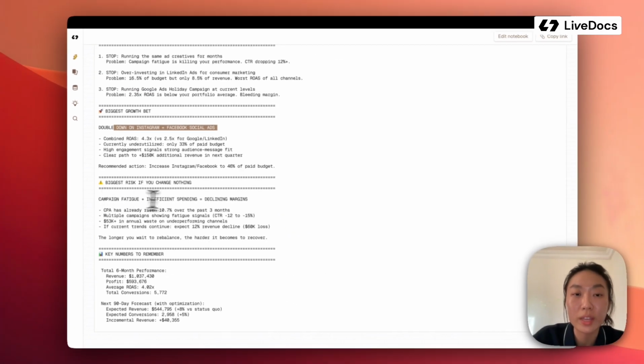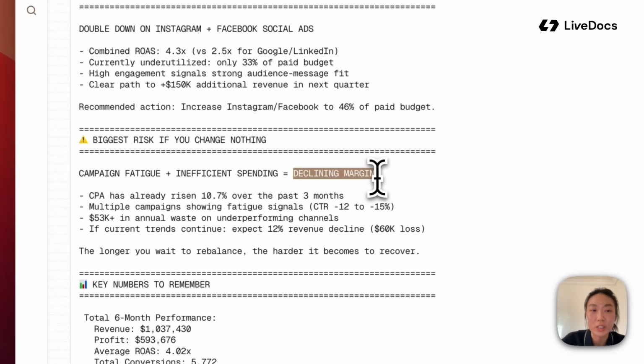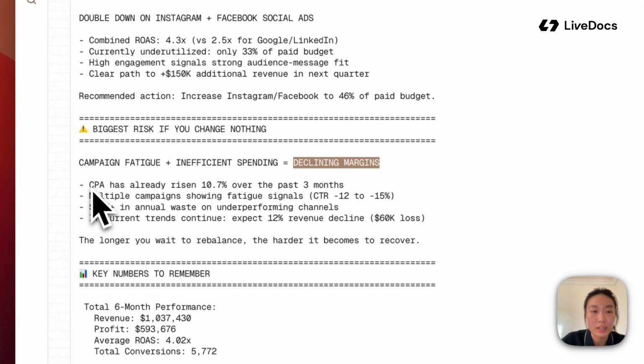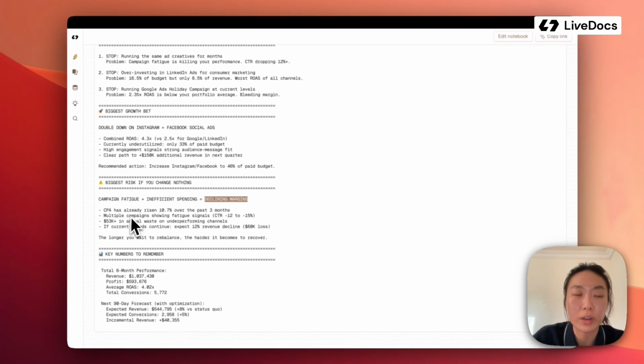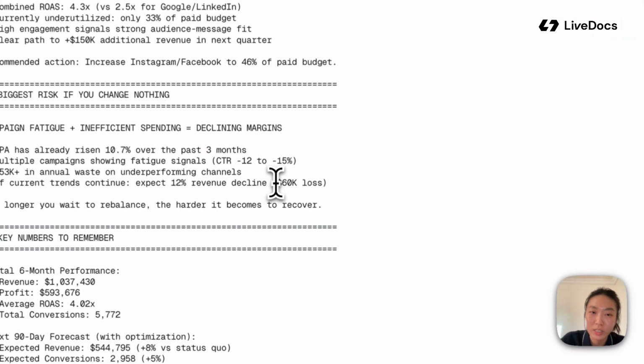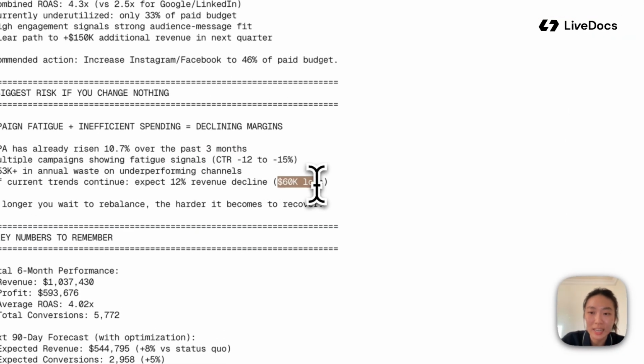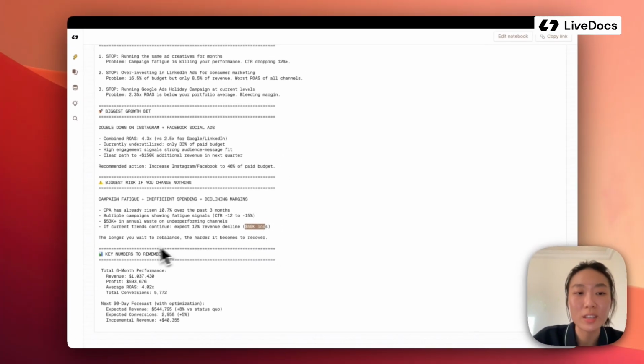If we don't do anything, we are going to have declining margins, because the CPA has already risen 10.7% over the past 3 months, and multiple campaigns are showing fatigue signals. We have wasted 53,000 in that, and if the current trends continue, we are going to have a 60K loss in total, so that's not good. So here is the summary. That's basically a walkthrough and the analysis for the marketing campaign.